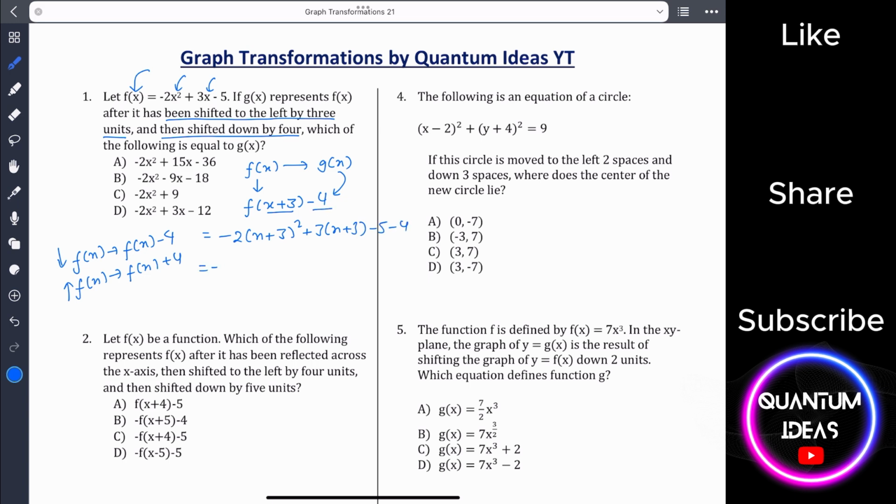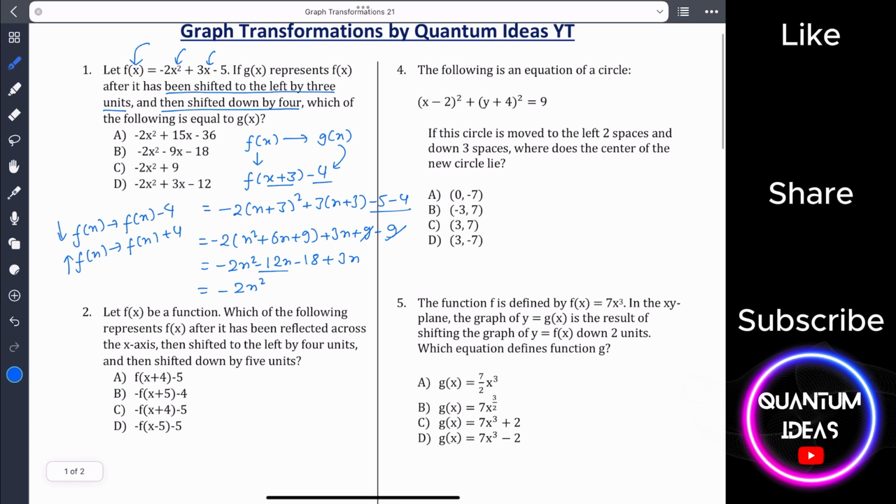Now open the bracket: minus 2 times (x squared plus 6x plus 9) plus 3x plus 9 minus 5 minus 4. Here plus 9 minus 5 minus 4 cancels out. So minus 2x squared minus 12x minus 18 plus 3x, which equals minus 2x squared minus 12x plus 3x, that is minus 9x, minus 18. That is your answer.